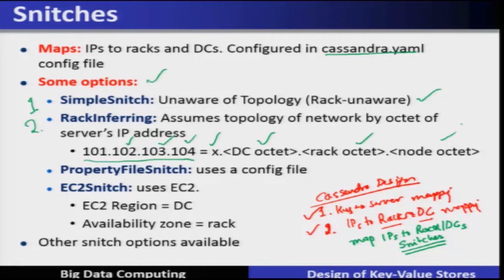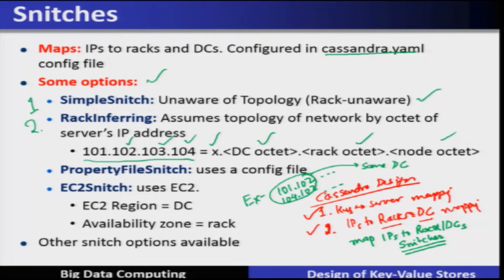If, for example, the IP addresses are 101.102 and 104.102, both are mapped to the same data center.